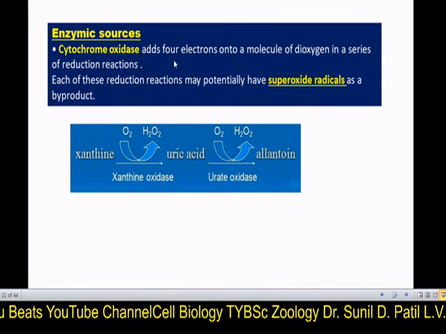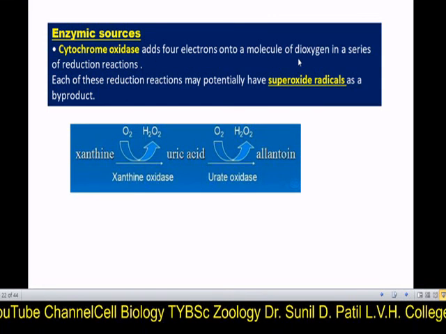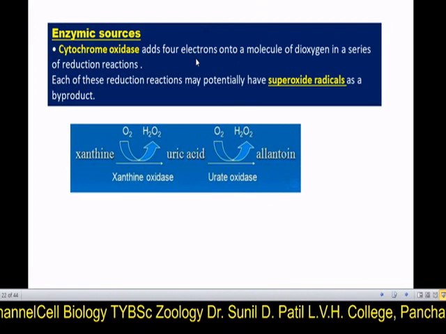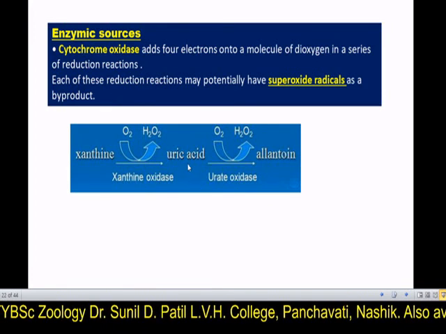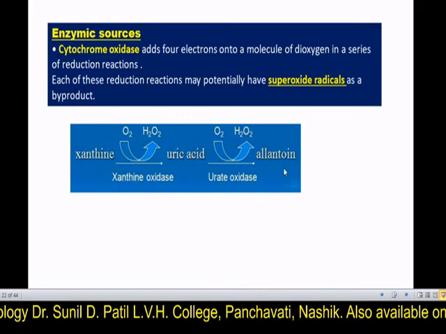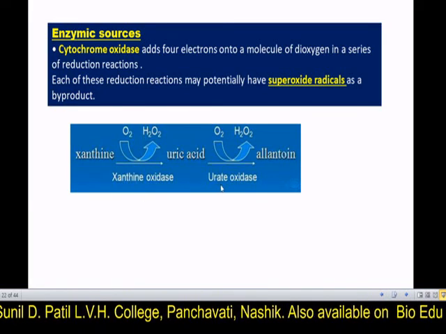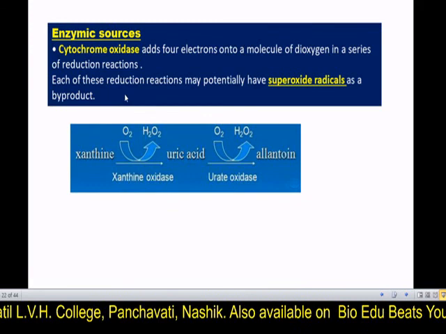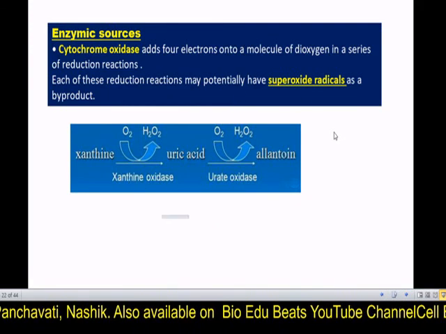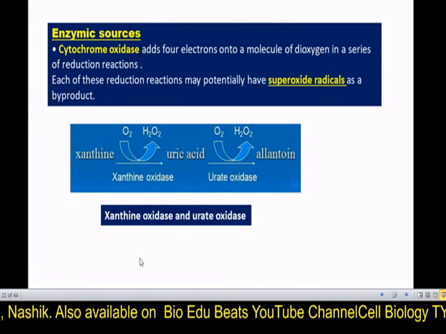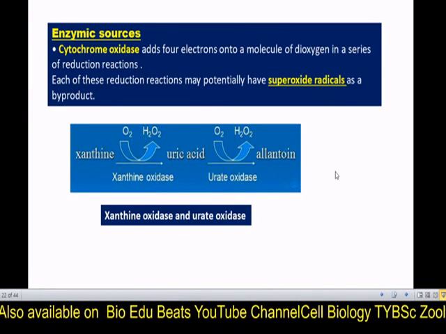Cytochrome oxidase adds 4 electrons onto a molecule of oxygen in a series of reduction reactions. In this way, xanthine goes to uric acid to allantoin in the presence of these enzymes. Each of these reduction reactions may potentially have a superoxide radical as a byproduct. This superoxide radical causes the ROS.